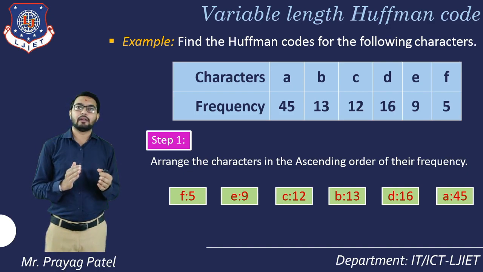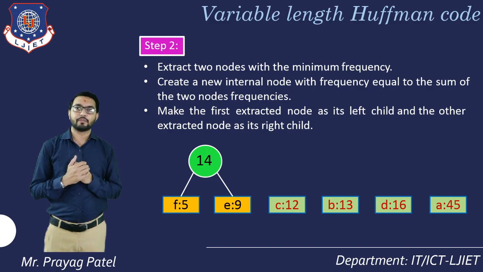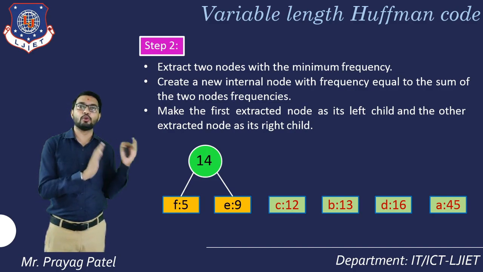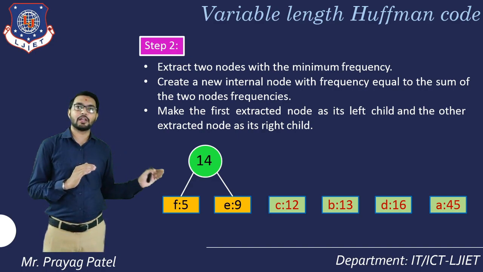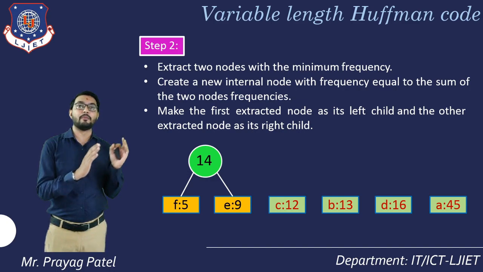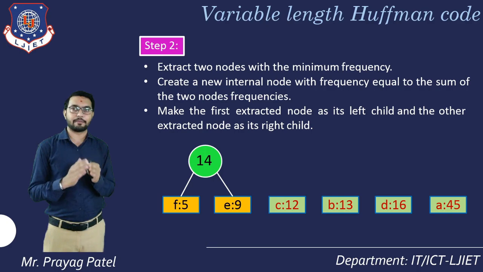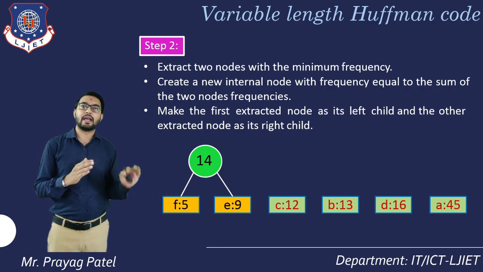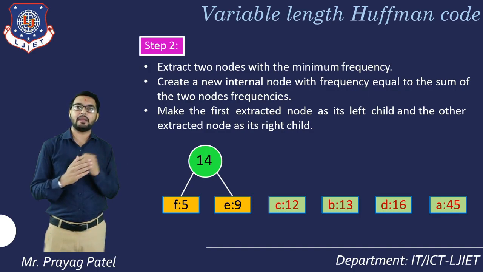Now after that, we consider only the first two nodes, not combine them yet. Step 2: extract two nodes with the minimum frequency, meaning the minimum frequency first, 5, and the second, E9.